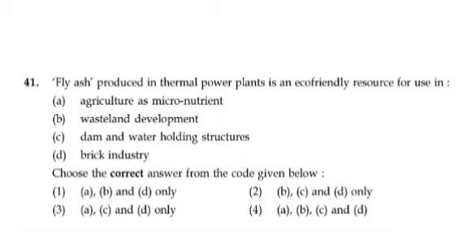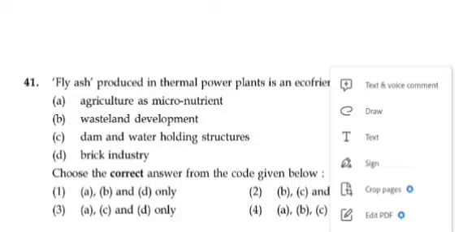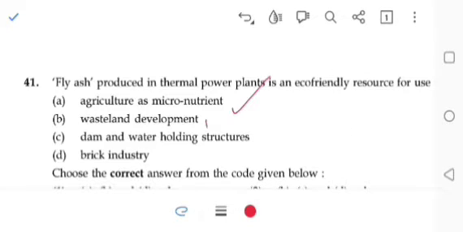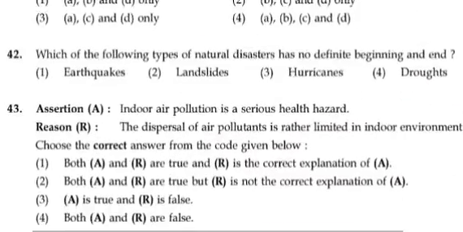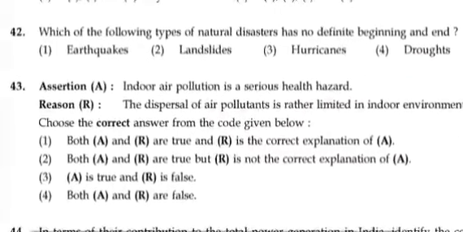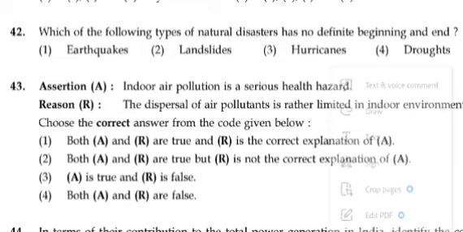Choose the correct answer from the code given below: ABD, BCD, ACD, ABCD. 41, it will be ABCD. 42, which of the following types of natural disasters has no definite beginning and end? Earthquake, landslides, hurricanes, droughts. 42, it will be droughts.